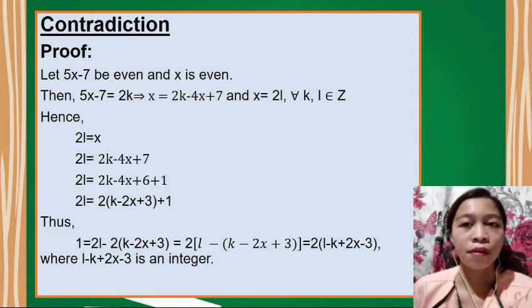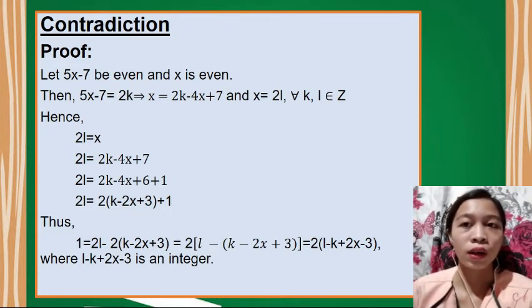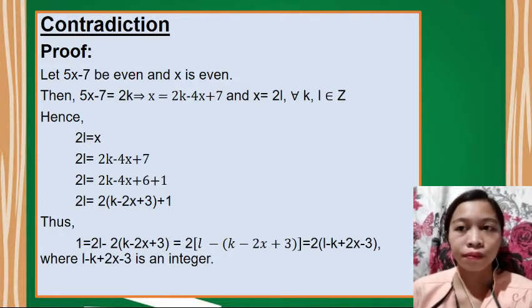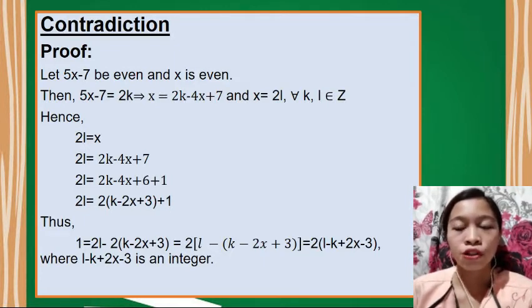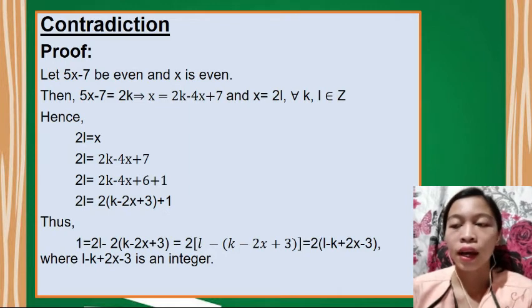Then we have 5x minus 7 equals 2k, which can also be written as x equals 2k minus 4x plus 7. We actually got this using the subtraction property of equality and addition property of equality.